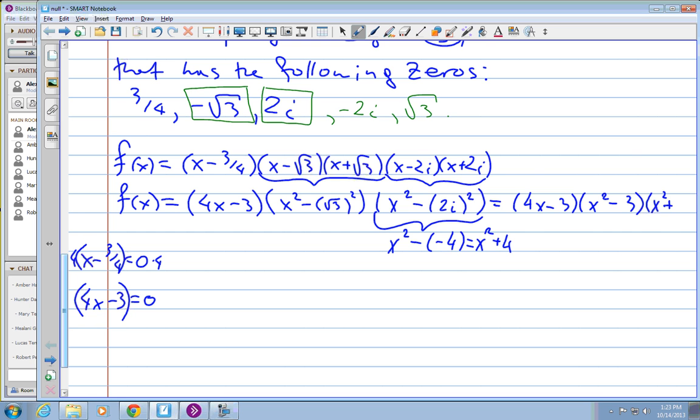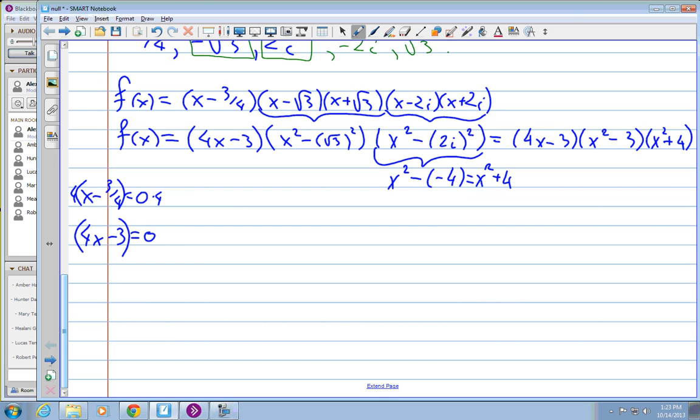So x squared plus 4 goes here. Right, the square root goes away. Well, yeah, so the 9 gives you negative, so the sign changes to a positive. Yeah, that's right.